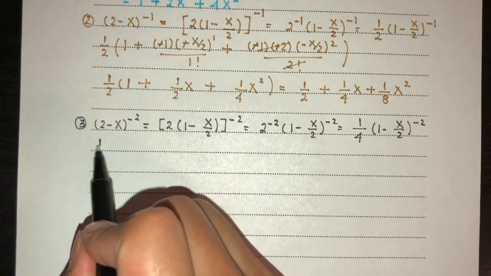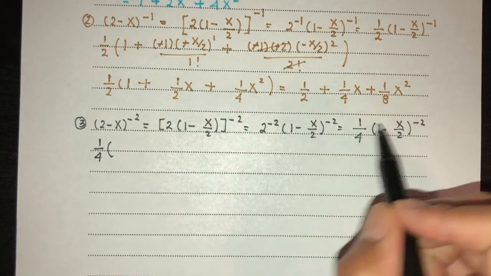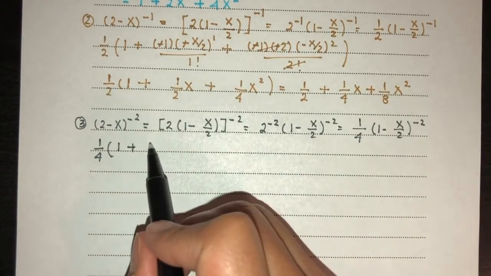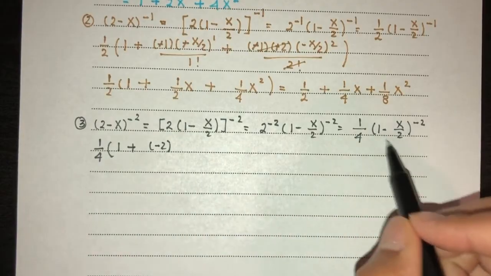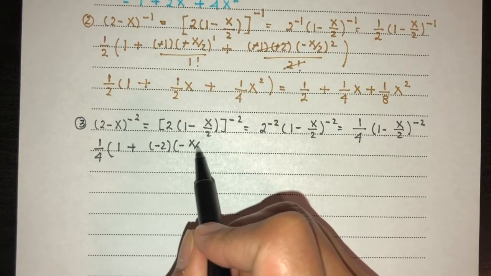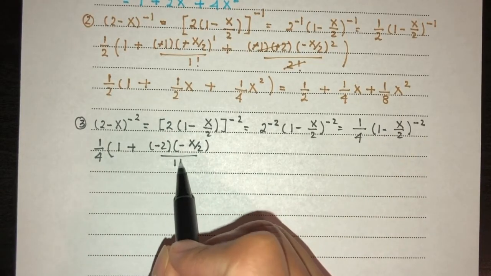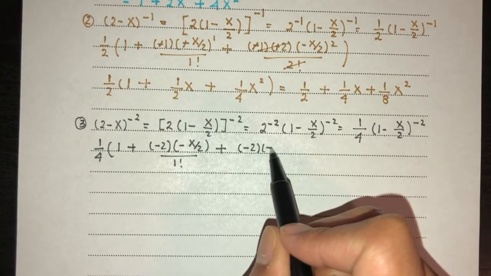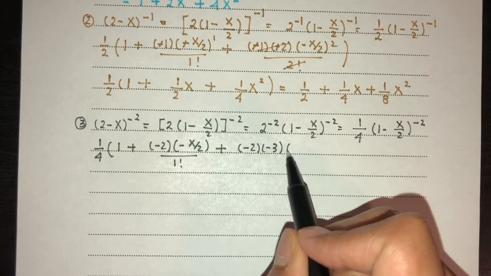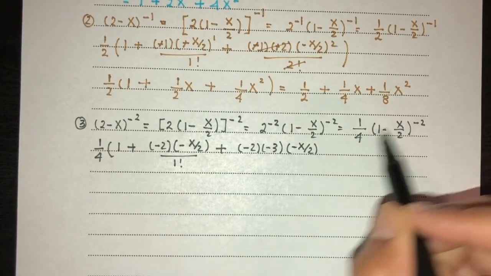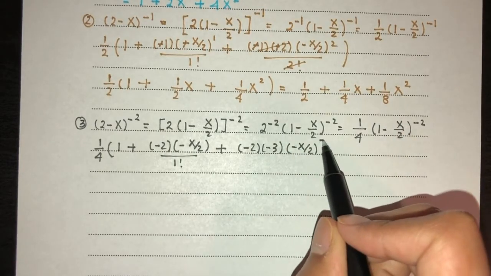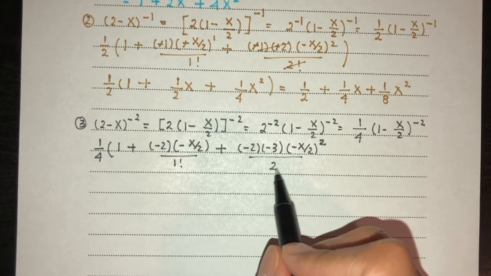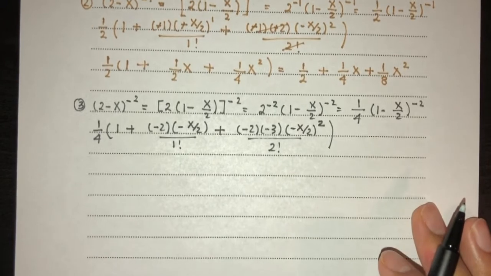So first we write down the multiple, and then here it is 1. We write down 1 plus the value of n, which is minus 2, and the value of x here is minus x over 2 divided by 1 factorial. Now plus value of n minus 1, which is minus 3, and then times x, the value of x here is this one, power 2 over 2 factorial. Now we have to simplify.